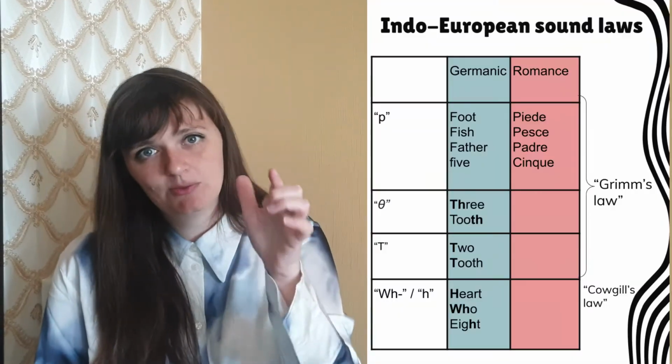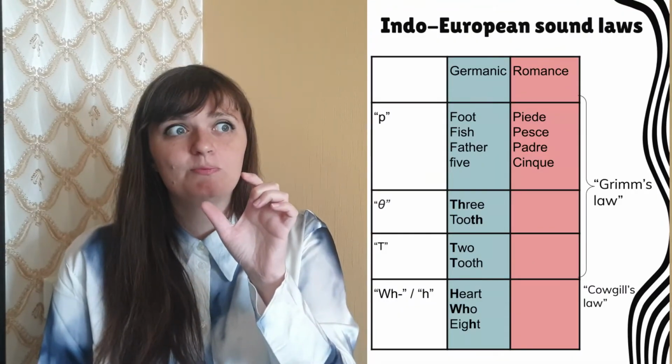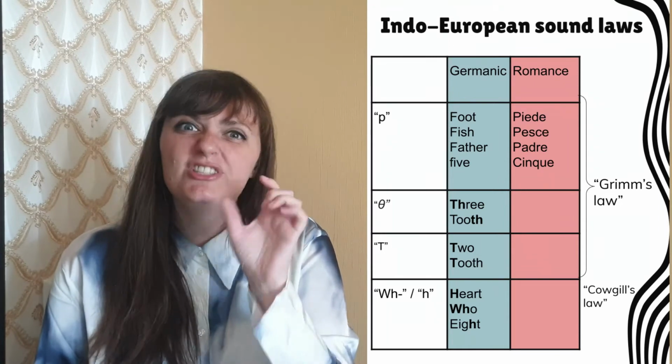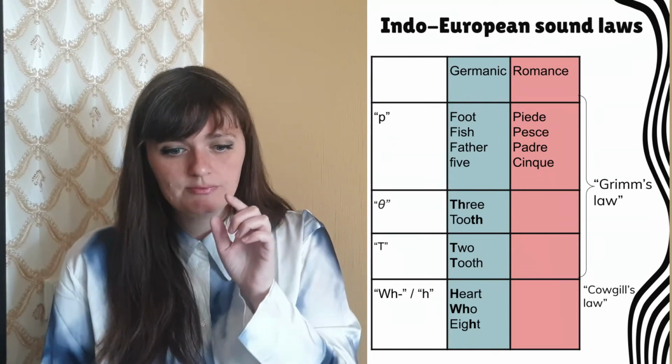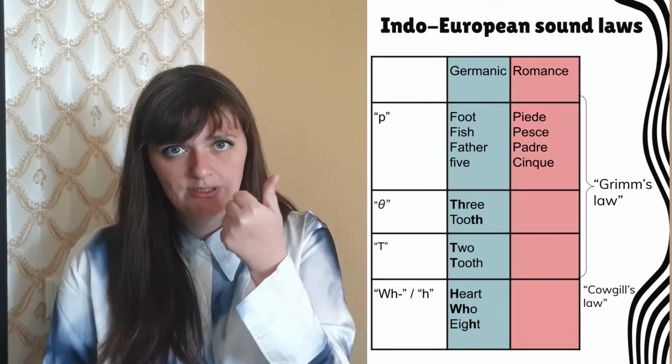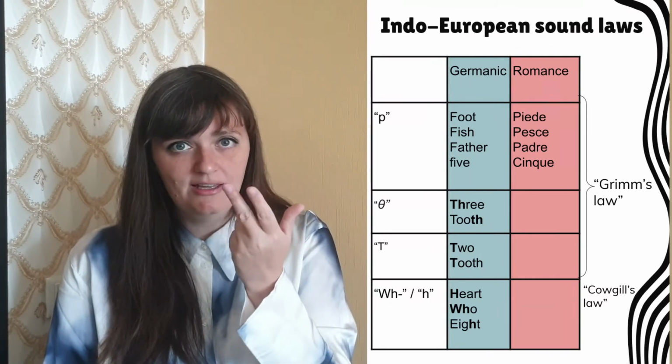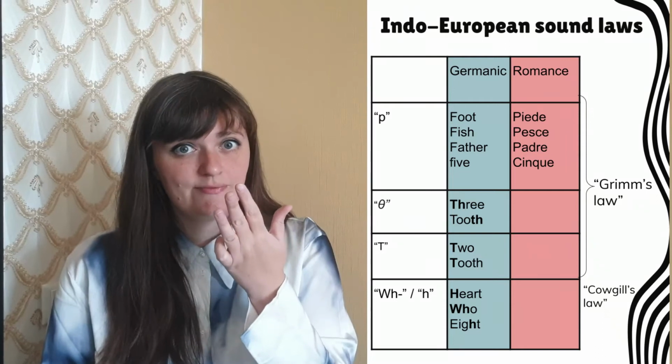So cognates are a bit confusing because it's hard to see how the word pesce and fish are the same word. But in fact, the changes between one language and the other language are regular, they are predictable from one language to another. So for example, in English we have foot, fish, father and five.